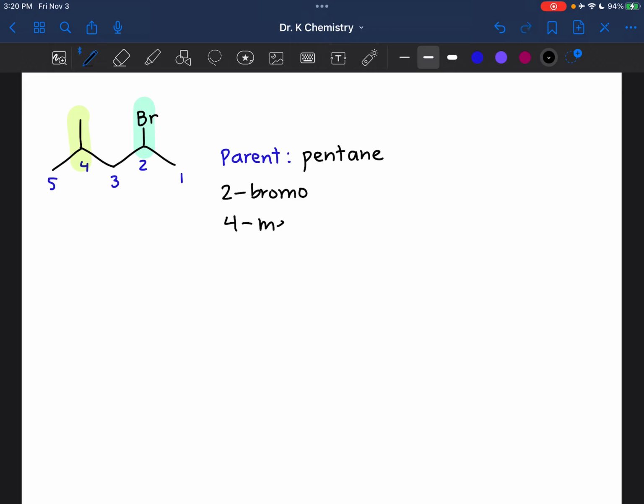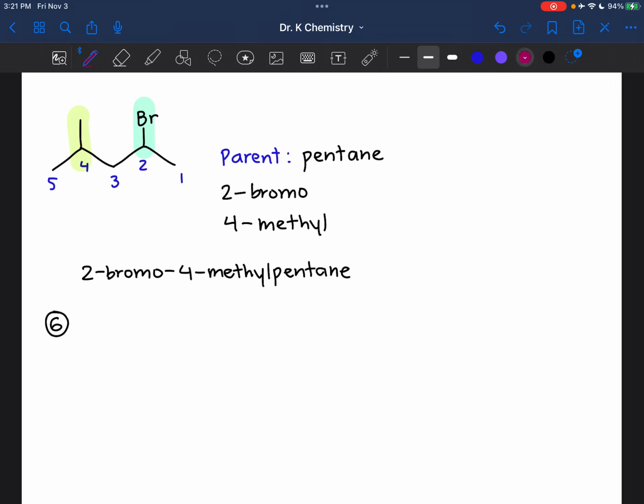And then there is a 4-methyl substituent. Bromo comes first alphabetically, so I will list it first, and then methyl. And then I'll attach the parent name at the very end. And this becomes 2-bromo-4-methylpentane.